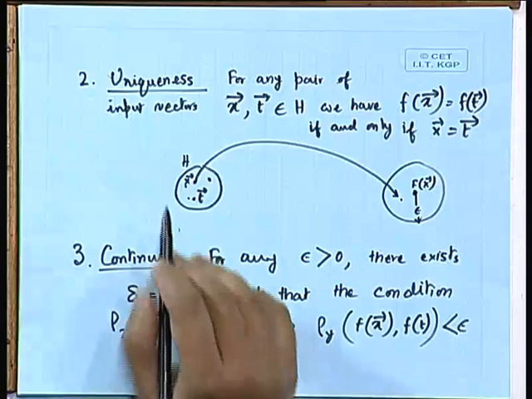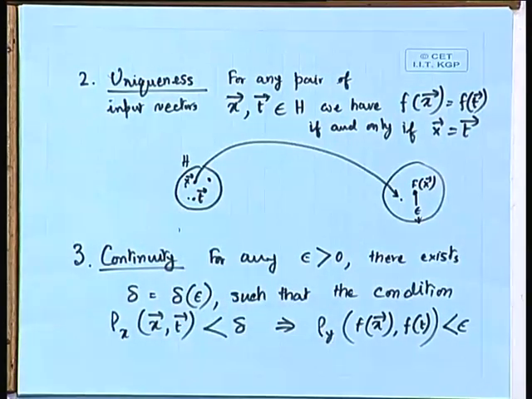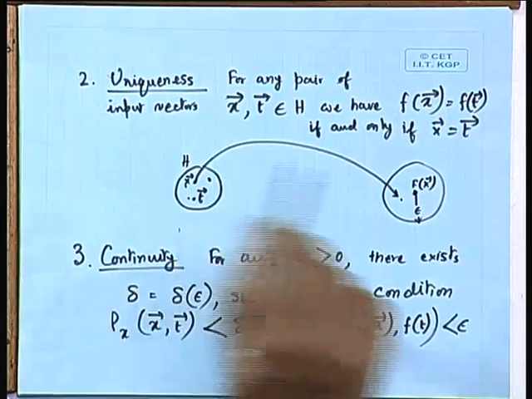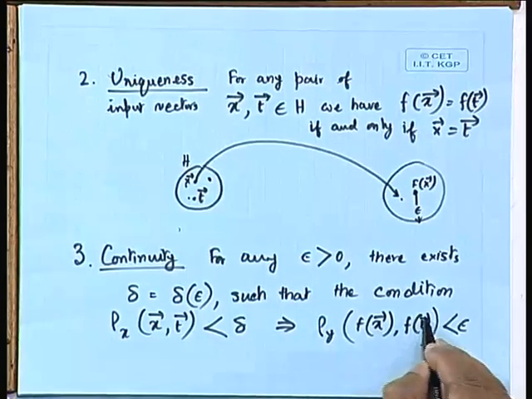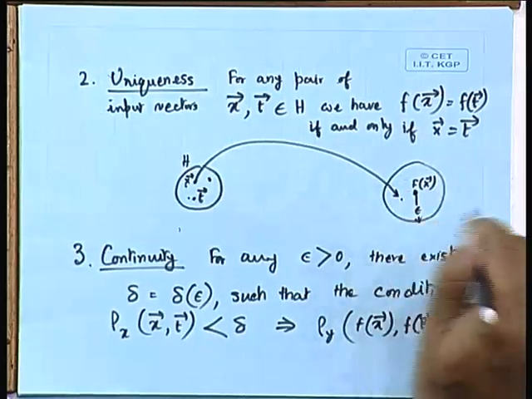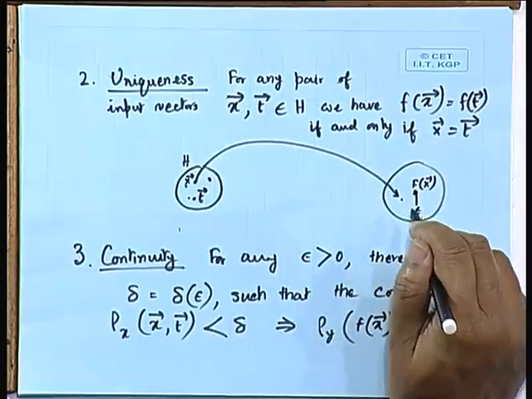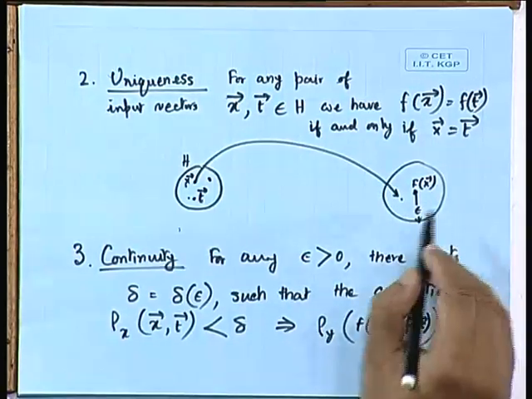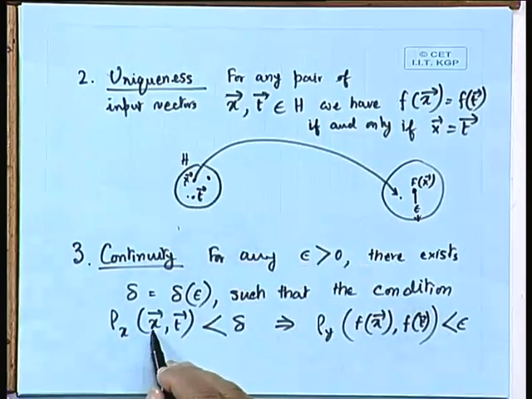So, this means that we are taking again a pair x and t from the H domain, and we are mapping it into the f x domain, and in the f x domain we have f x and f t, and there the bounding is that it is less than epsilon in this space. Correspondingly, we have a bounding on x and t.